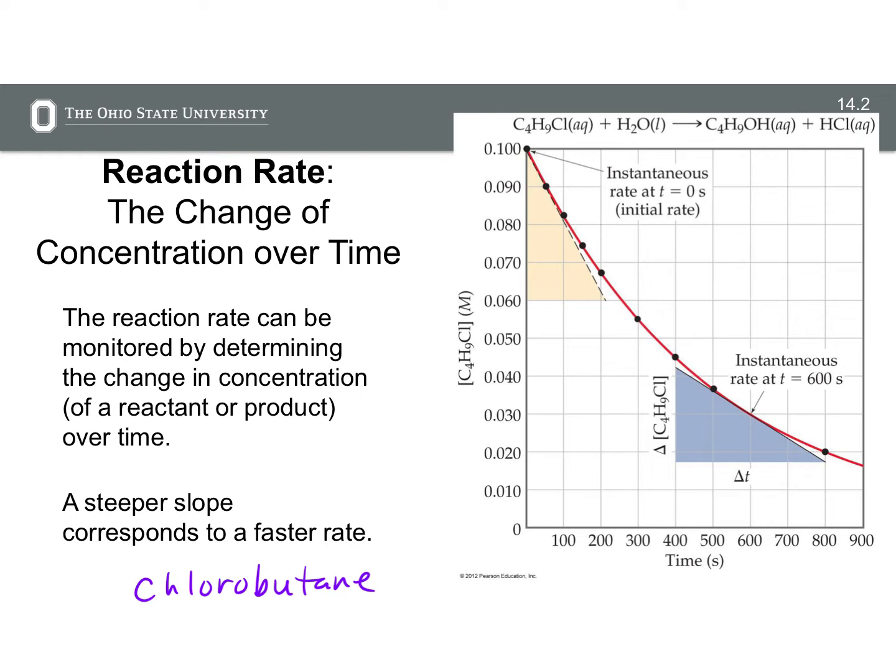It's reacting with water to form butanol and hydrochloric acid. Another thing I want to point out with this plot, and maybe you've seen this, maybe not, I can't remember: whenever we put a reactant or a product in brackets, that means concentration of. So brackets mean concentration.